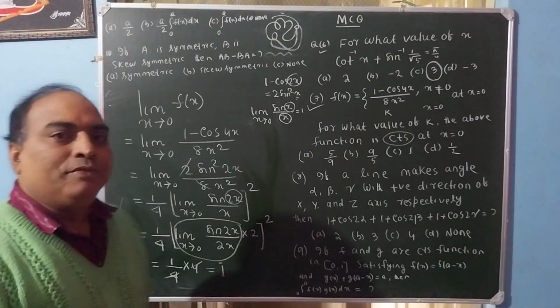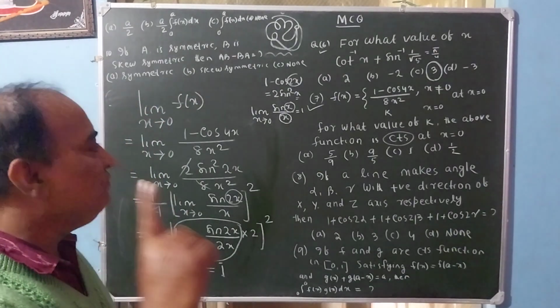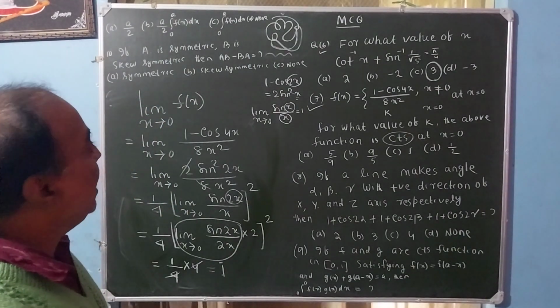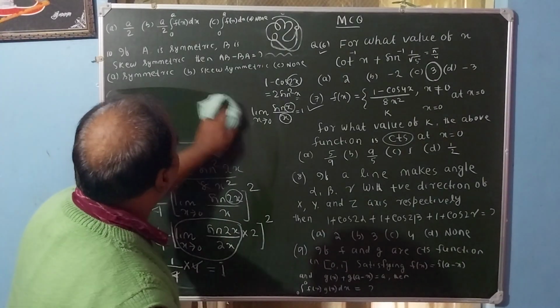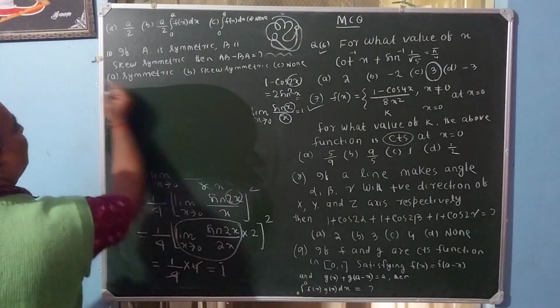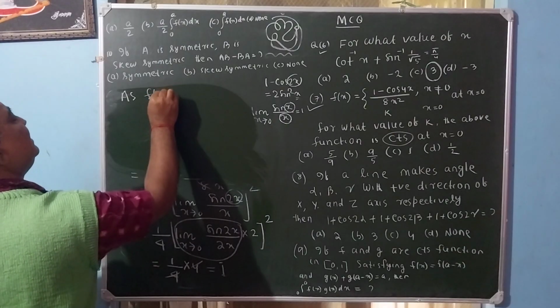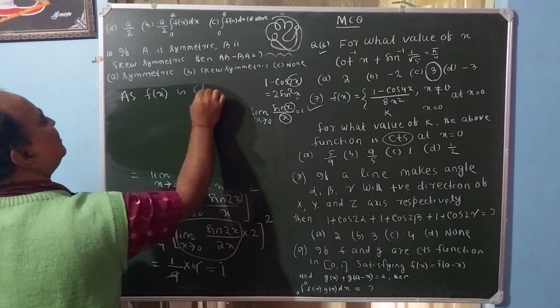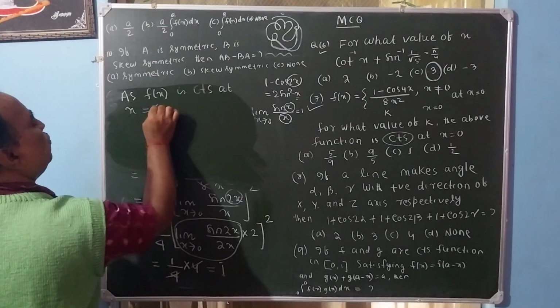We know f(x) is said to be continuous if the limit of the function is equal to the value of the function. Write down as f(x) is continuous at x is equal to 0.